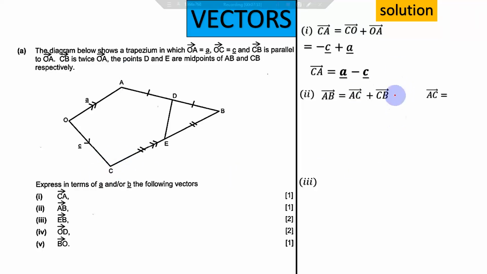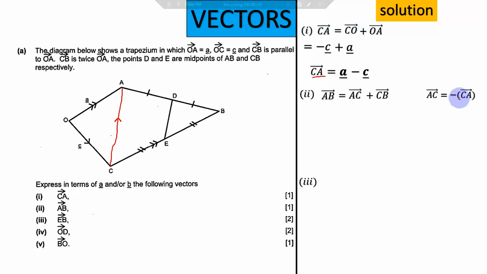Now from here, AC, you might ask yourself, where do we get the AC? Remember, on the first step here, we found CA. So AC is going in the opposite direction as CA, because CA is starting from C going to A. But now AC, you're going against this arrow, meaning you have to introduce a negative to CA.